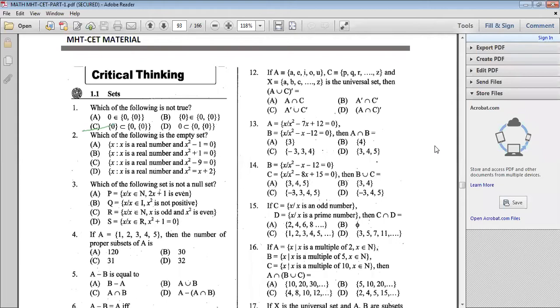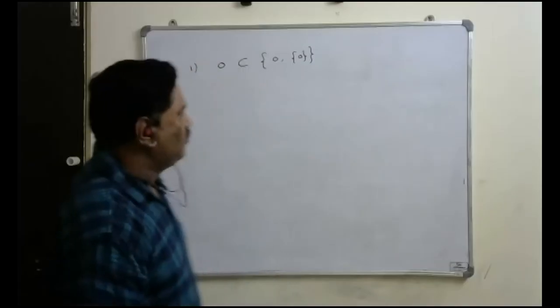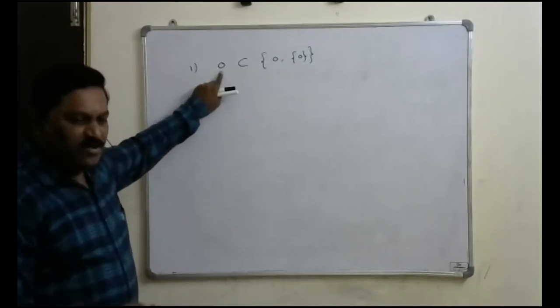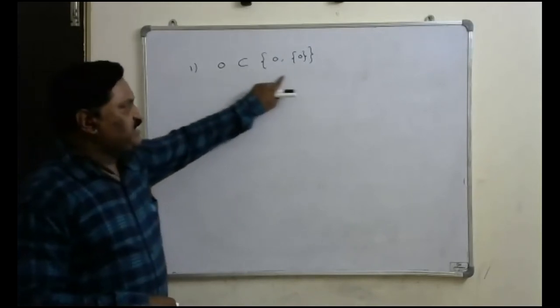Here the D option is the answer, not C, Gayatri. It is given that 0 is a subset of {0, {0}}. Just observe this: 0 represents one of the elements of this set.